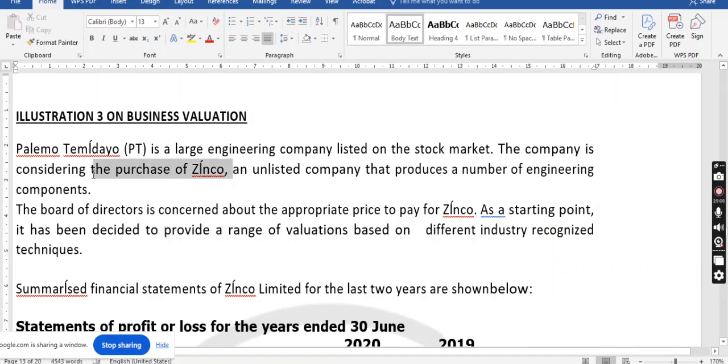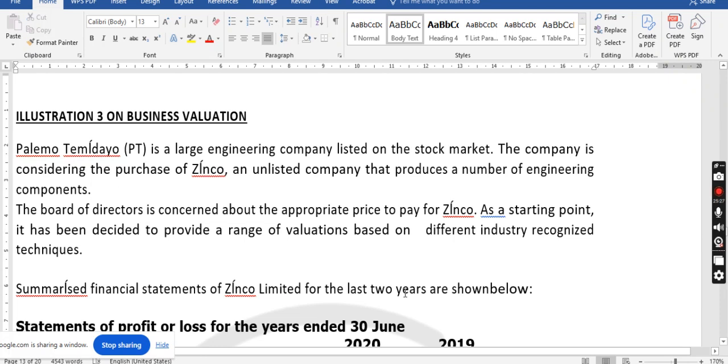There is a company now, which is PT, that is considering that they want to buy over Zinco, an unlisted company. This Zinco company is not listed in the stock market. An unlisted company that produces a number of engineering components.